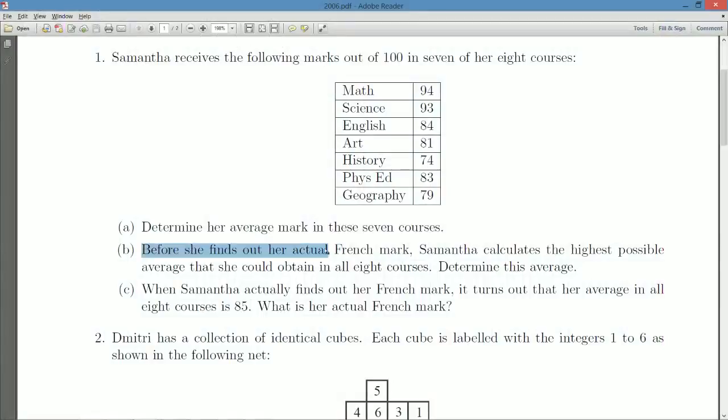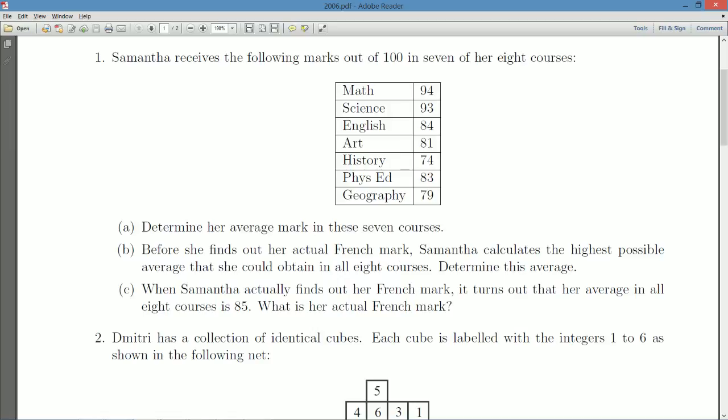So B, before she finds out her actual French mark, Samantha calculates the highest possible average that she could obtain in all 8 courses. Determine this average. Okay, so we know 7 of her marks. She doesn't know her French mark. The highest average that she could obtain would be, well, if they were all hundreds. But we know math isn't 100, history isn't 100, phys ed isn't 100.